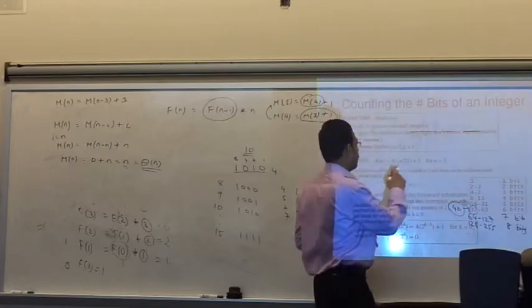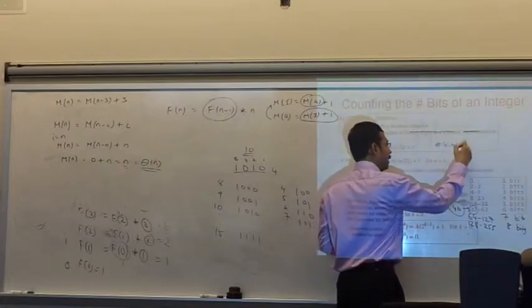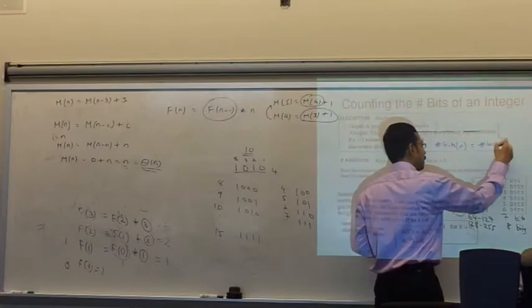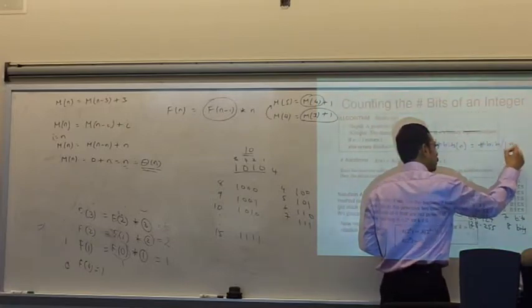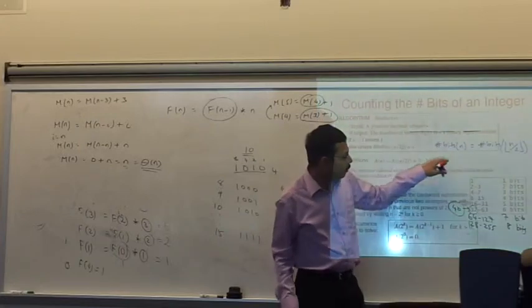So I can come up with this general recurrence. The number of bits needed for n is the number of bits needed for n over 2 with the floor, plus 1. Why that floor?